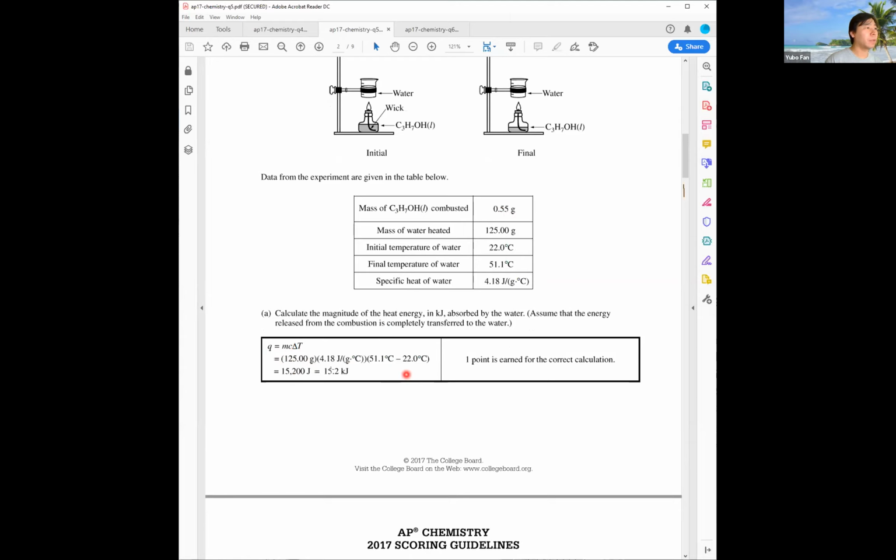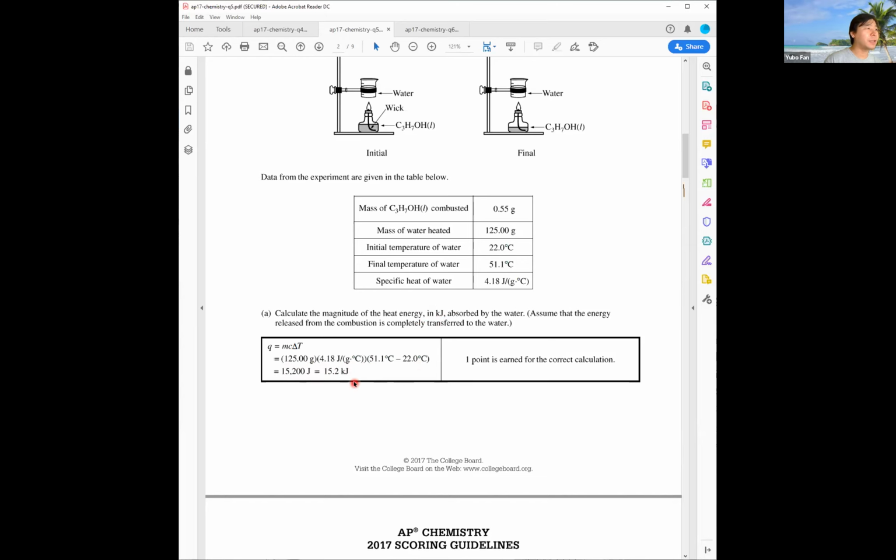Then C is the specific heat, 4.18. It's better for you to copy all the units in it. Then the temperature change is final minus initial. We can see then we have this value shown here, 15,200 joule, then converted to kilojoule, because in the question they ask in kilojoule, so don't forget that.